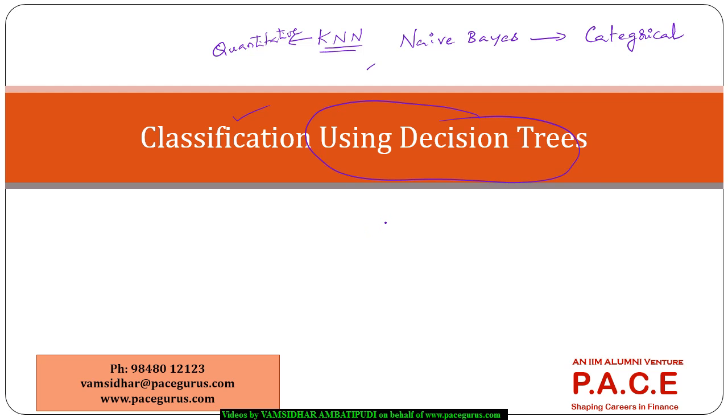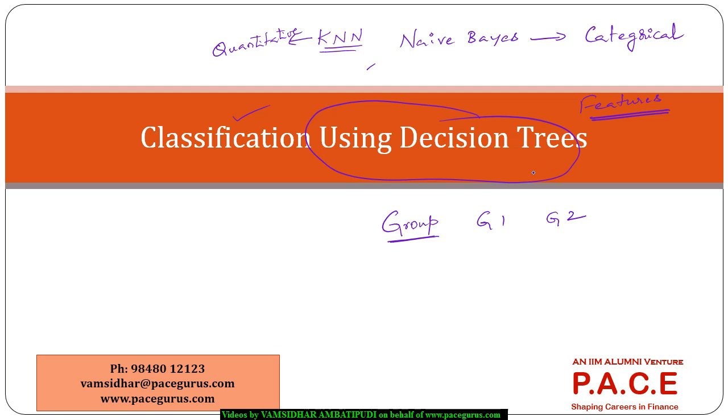So the objective is still classification. We are allotting the data to a group. We are allotting a particular example to a group of values. We are classifying it into group 1 or group 2 based on the various features that are associated with that particular example, with that particular case.